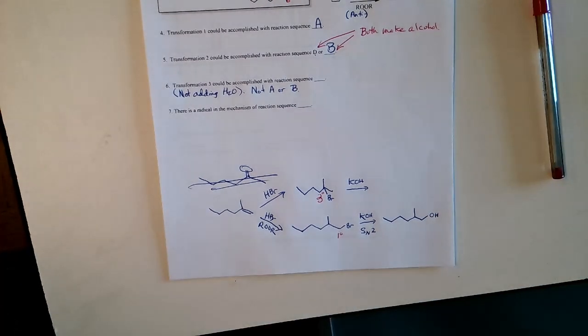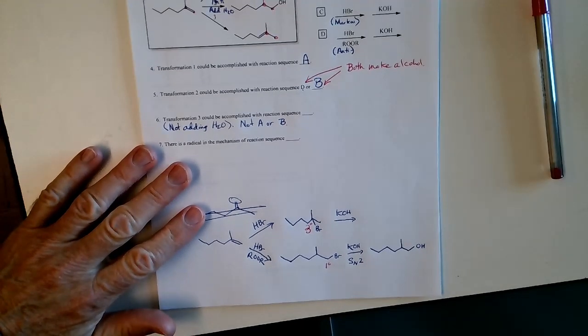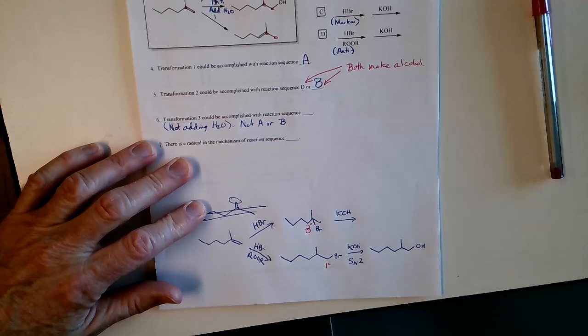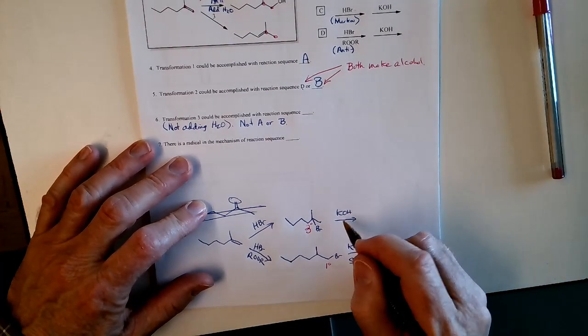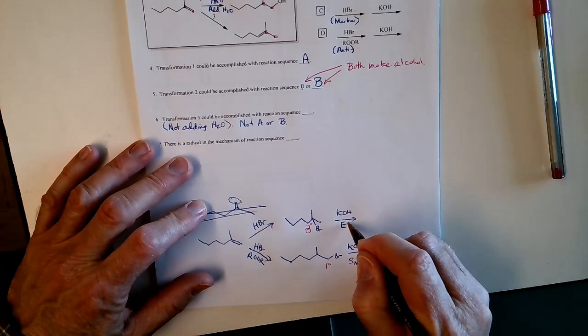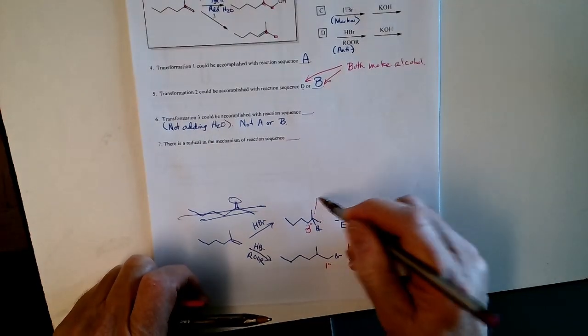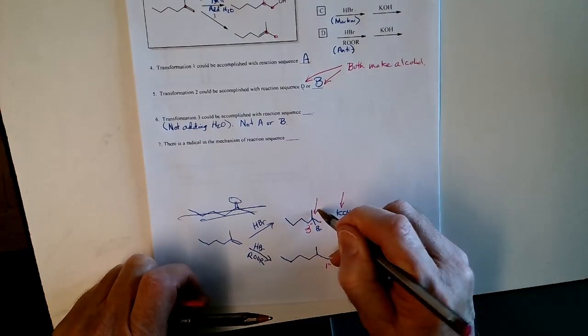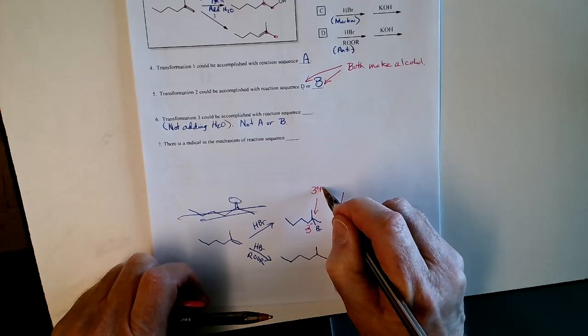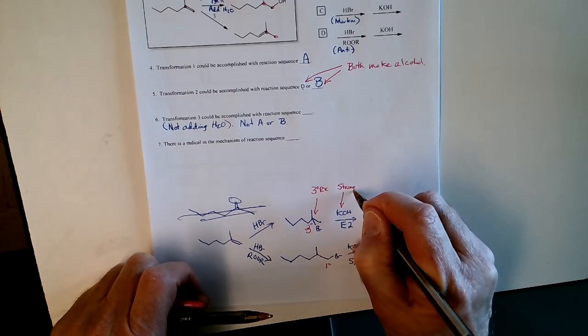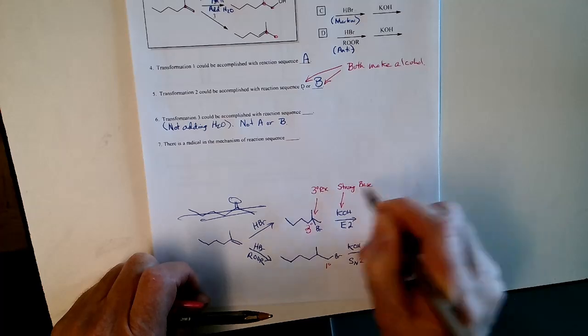You got an alcohol. Well, that's sure not what transformation 3 is. Transformation 3 is looking for an alkene. In other words, that's an elimination, which this is. Remember, what really sets this apart is this combination of two things. Tertiary RX and the other reaction partner being a strong base.